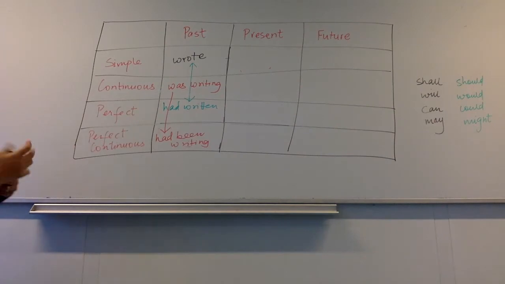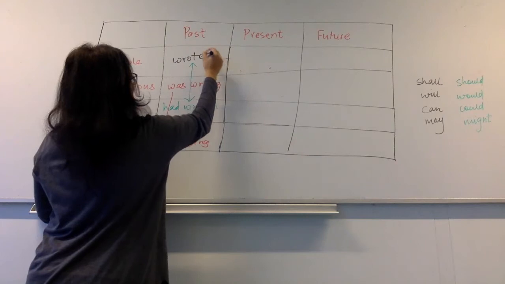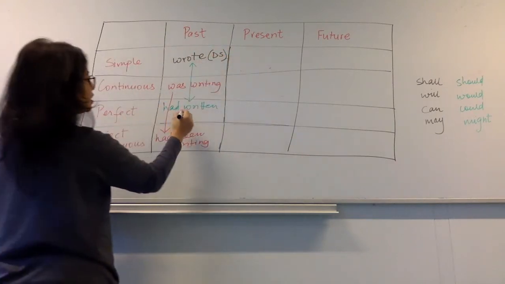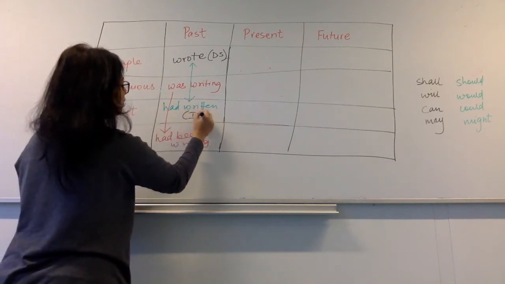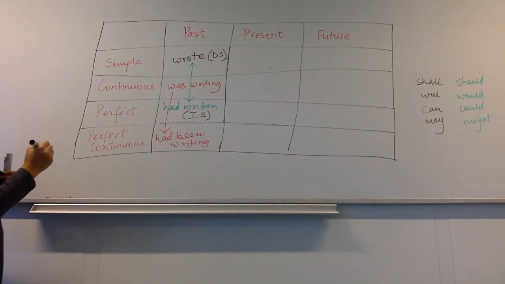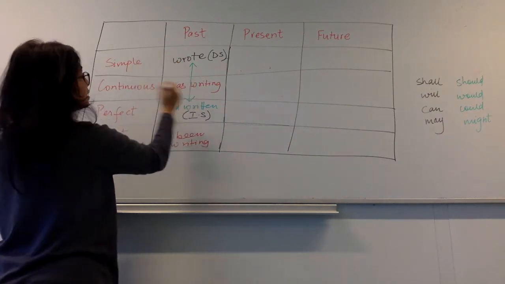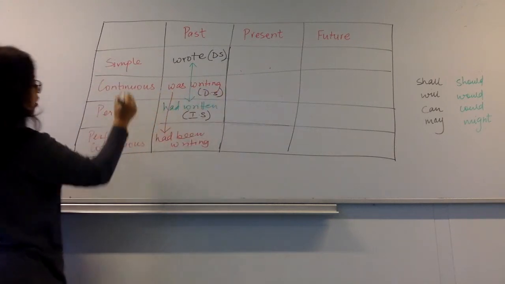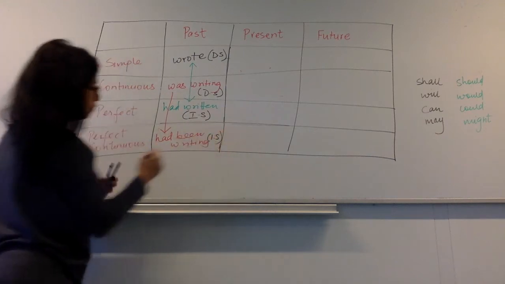So remember this, if you have the past simple in the direct speech, it is converted to the past perfect in the indirect speech. And if you have a verb in the past continuous form in the direct speech, it is converted to the past perfect continuous in the indirect speech.